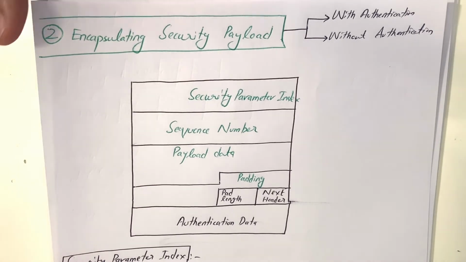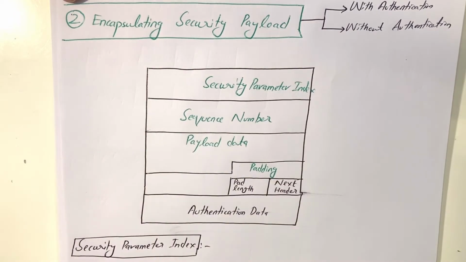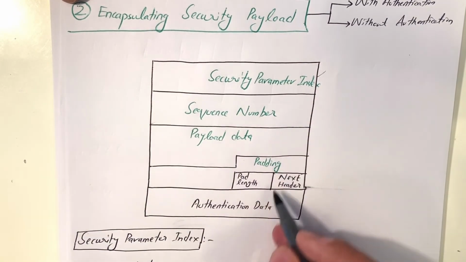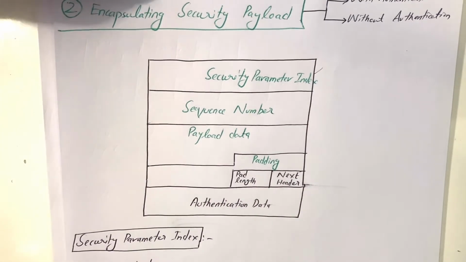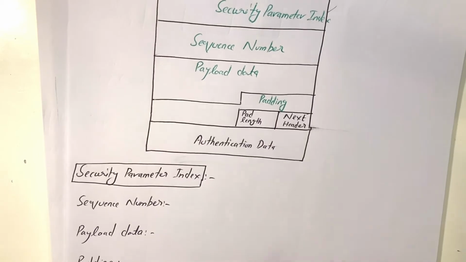This is basically how the ESP header looks like. These are different parameters: SPI, sequence number, payload, and some other stuff. The first thing, let me explain this SPI, the security parameter index.